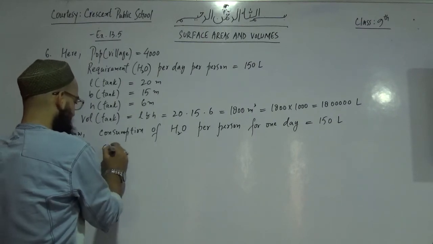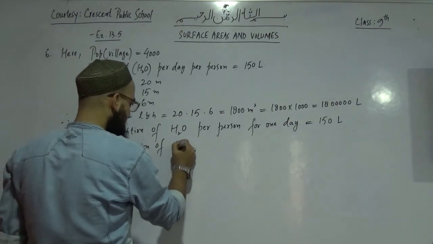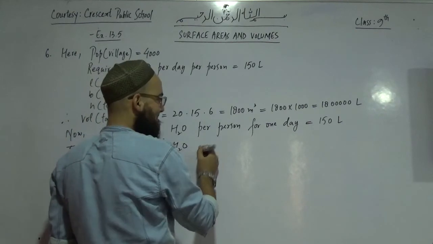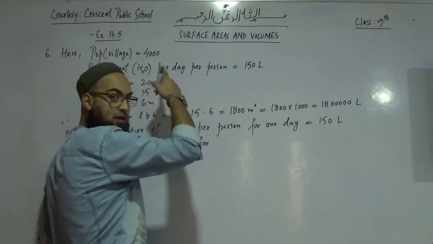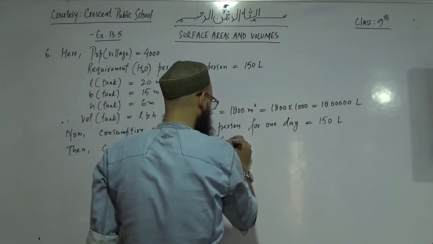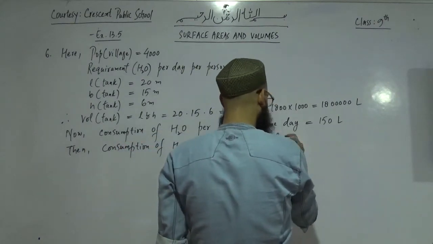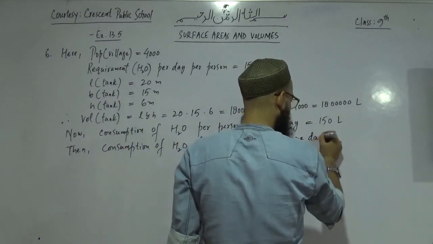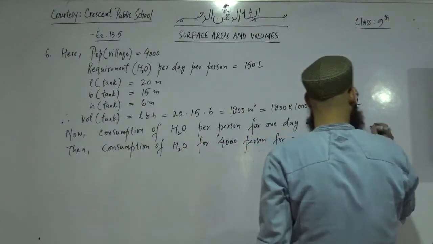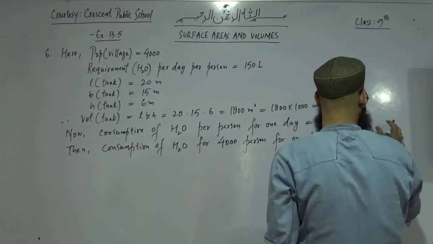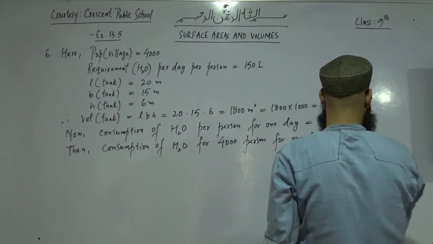Then consumption of water for 4,000 persons, because we have 4,000 people, for one day is equal to 150 liters times 4,000.